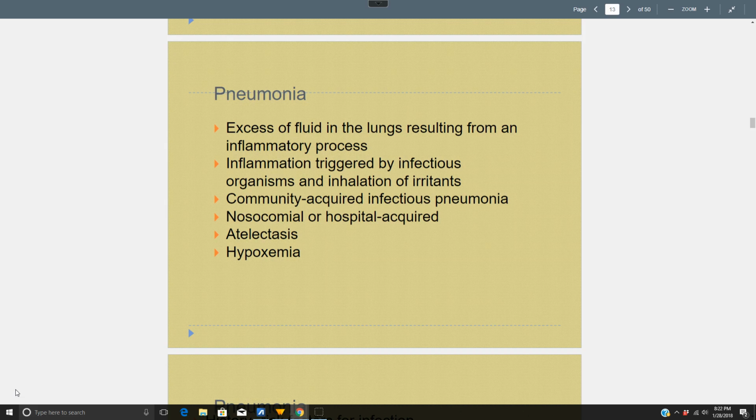Our body tends to fight off this bacterial organism, and so white blood cells migrate to the area of infection, causing capillary leak, edema, and exudate. So fluid collects in and around the alveoli, causing the alveolar walls to thicken. Unfortunately, this reduces gas exchange and leads to hypoxia.